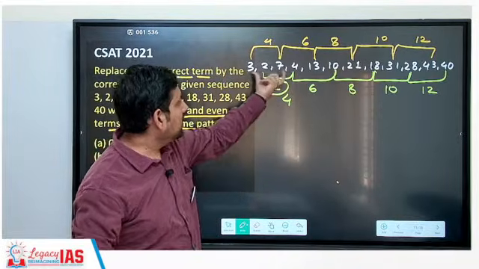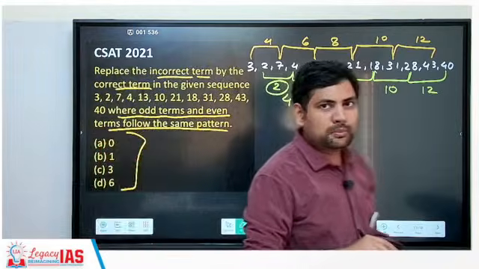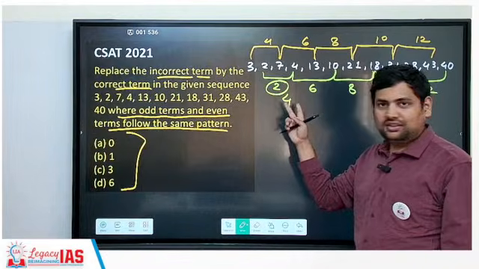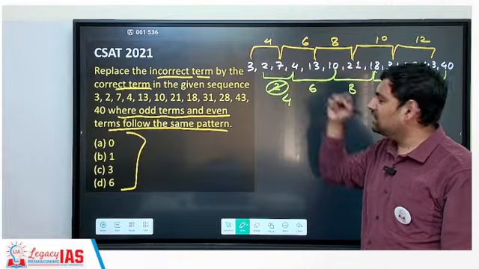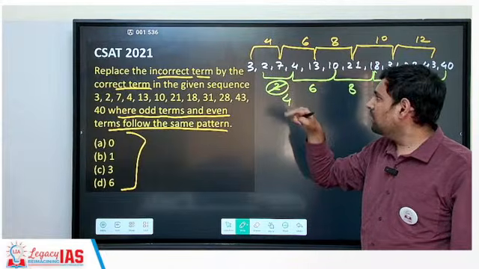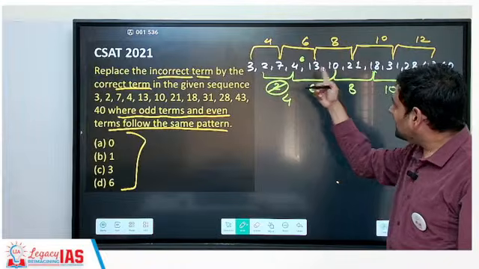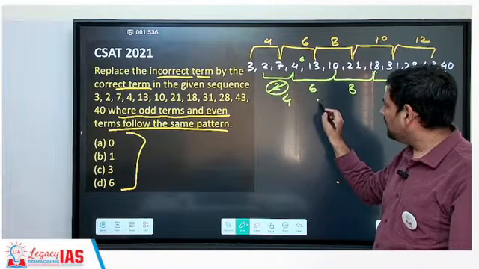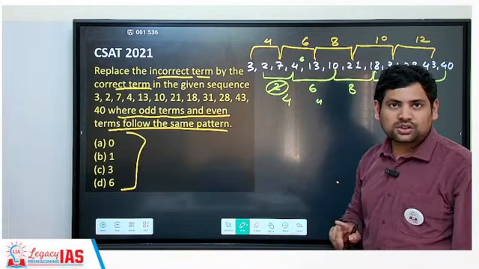Now how do I make this difference 4? Please remember, whenever you have to change this to 4, there are two ways. Either you can make this 6 and then 6 minus 2 becomes 4, but in this case if you try to make this 6, what will happen? 6 and 10 will start having difference 4. So this will also change, which you don't want at all.